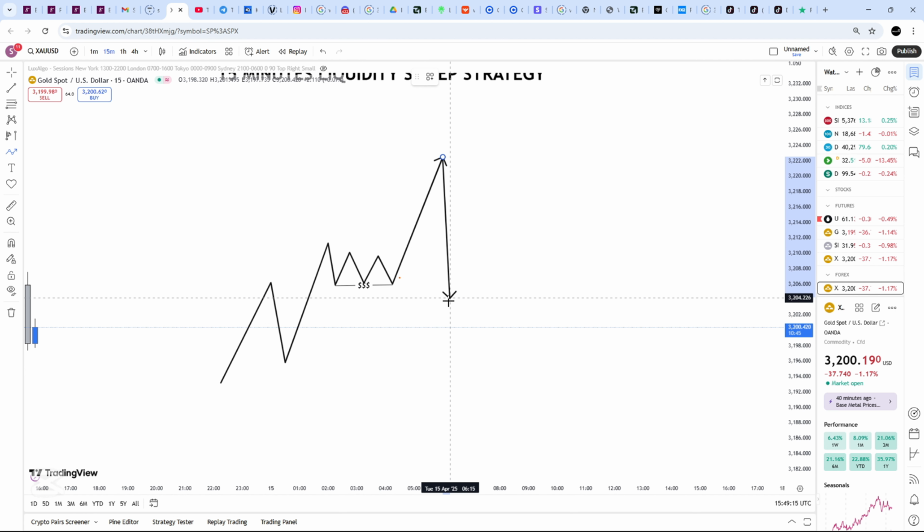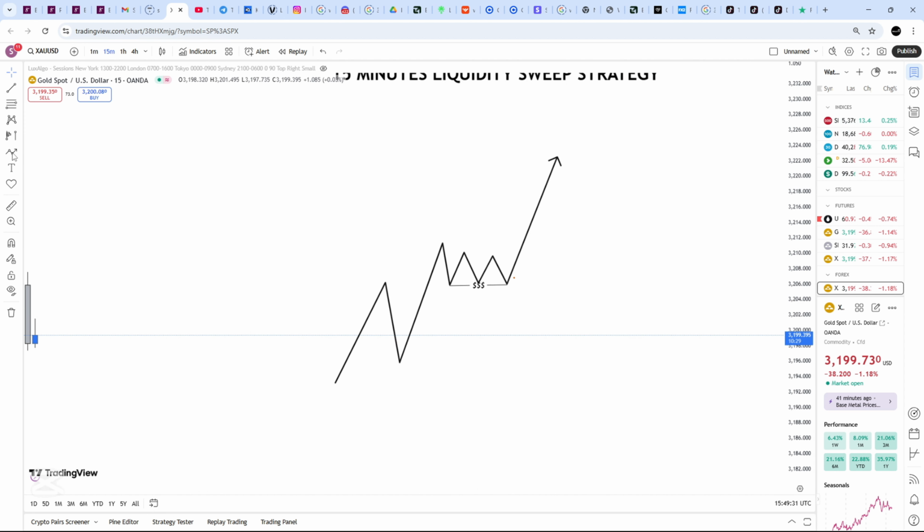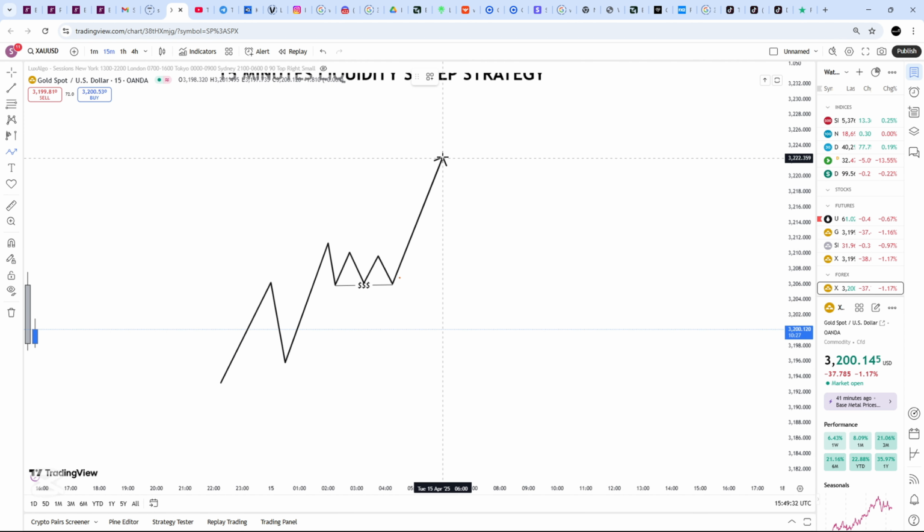When the market comes up to here, it sweeps liquidity. Most of the times, after sweeping liquidity, market sometimes moves in, because here there is, sorry, let me remove this. Let me mark this again. Okay.